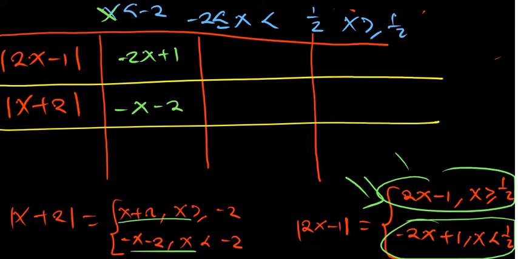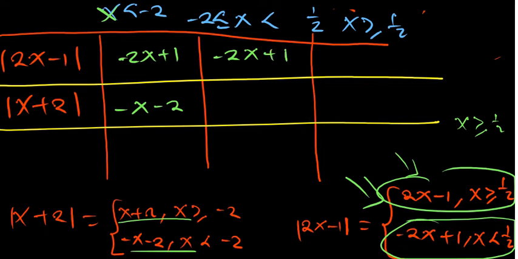The first one is saying x should be greater than or equal to half, but the condition is that x should be greater than or equal to negative 2, but at the same time x has to be less than half. So is it the first one or the second one? The second one. Yes. So I'll come to the second one, 2x plus 1. I'll come to the next table.